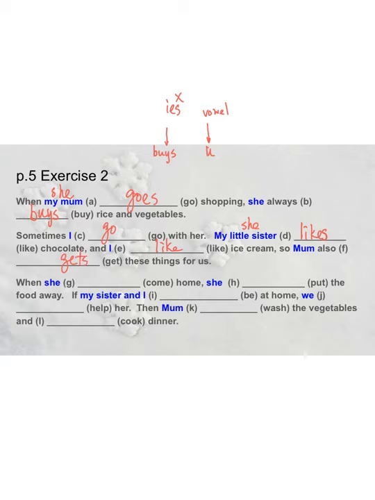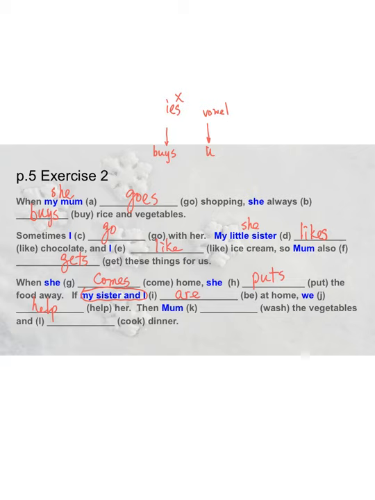Then when she comes home, she puts the food away. If my sister and I, two people, that is we or they, then we use we when we are at home. We help her.